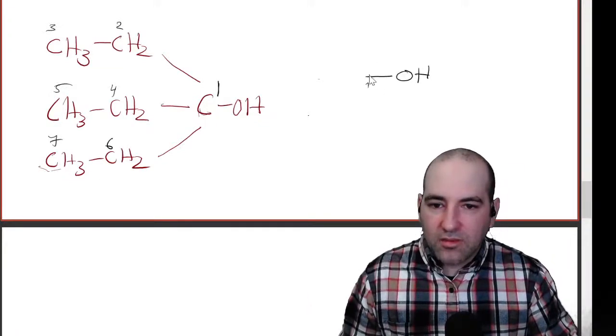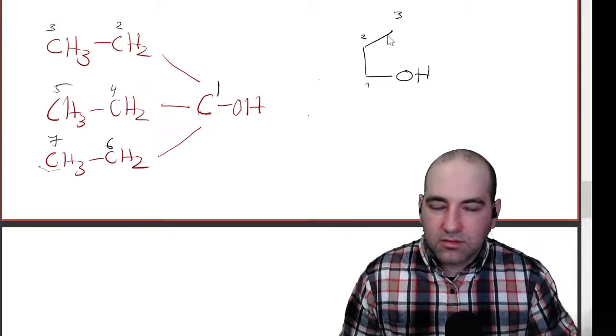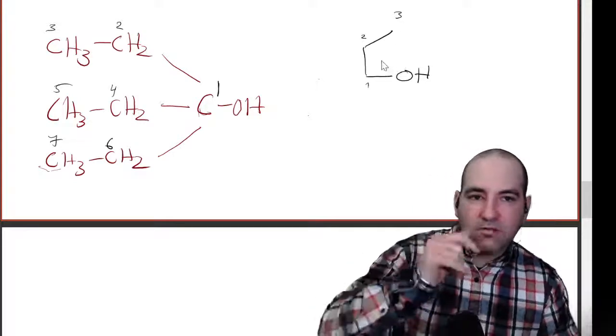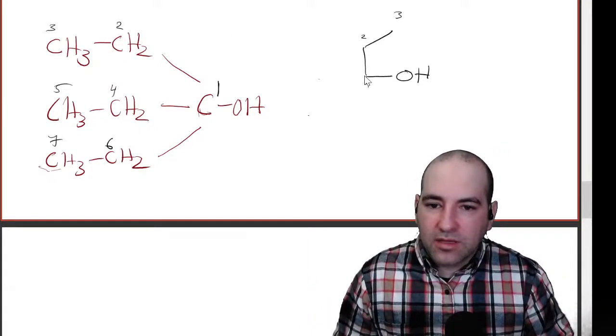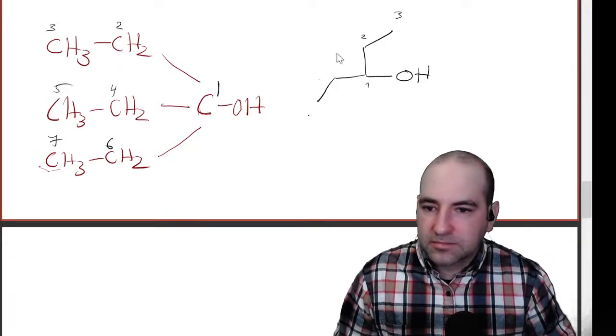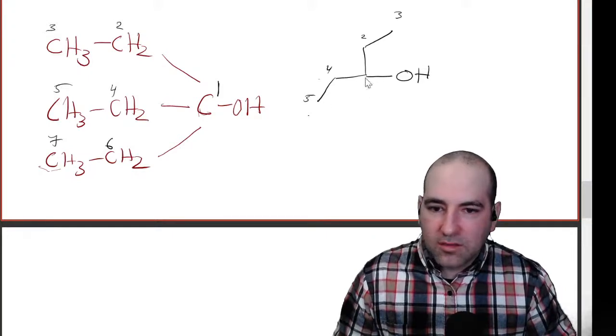So I've got carbon 2 and 3 up here. And again, I could have made that to the right. I could have made it to the left, whatever. I've got carbons 4 and 5 down here. And then I've got carbons 6 and 7 down here.